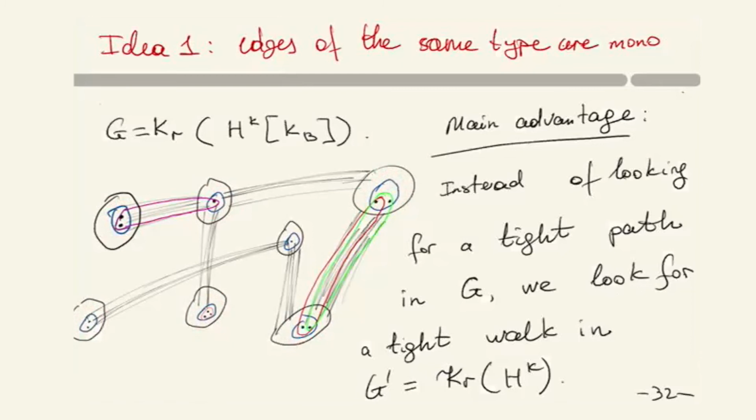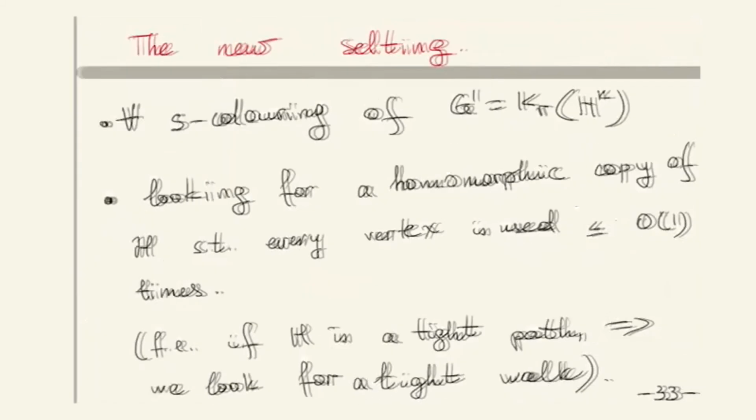Which means that instead of looking for a copy of H, I can look for a homomorphic copy, where I think about this subblob as one vertex, because no vertex in this blob behaves differently from another.